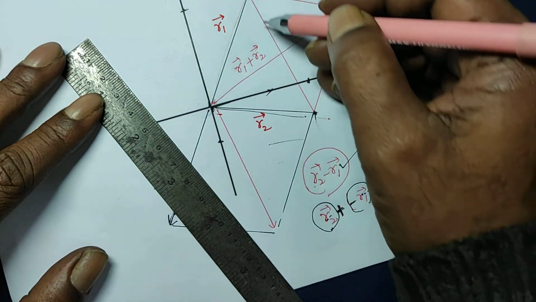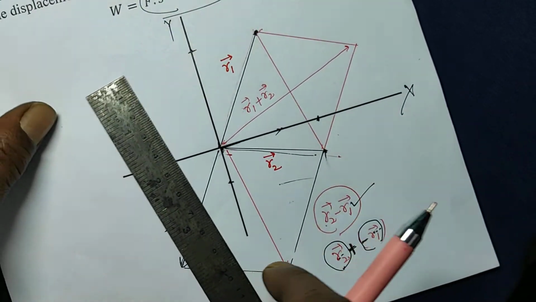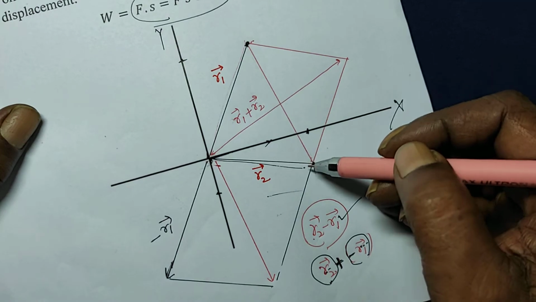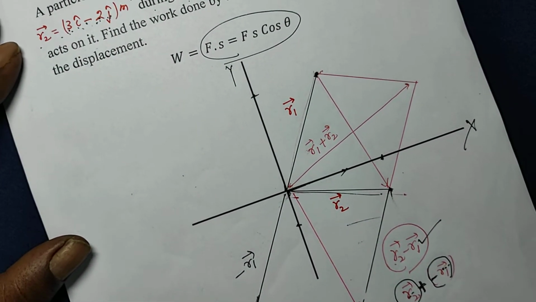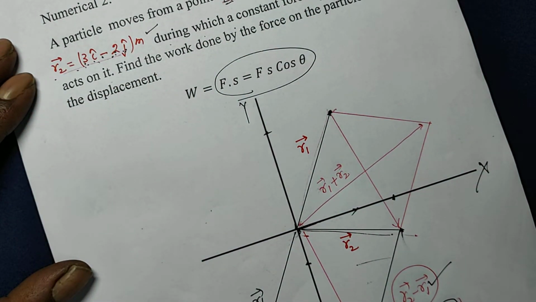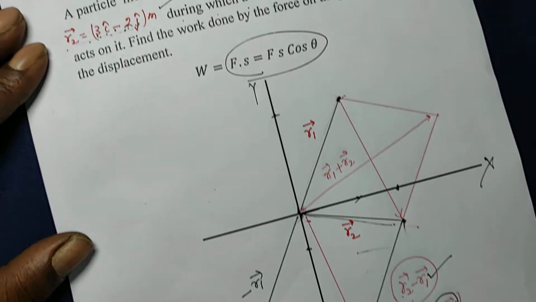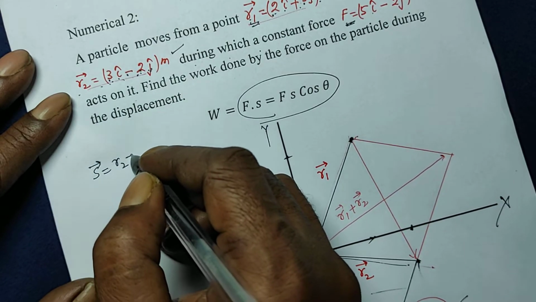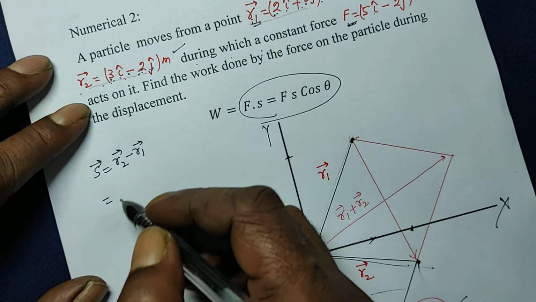That is the same thing as this. So your displacement, when it is moving from the position R1 to R2, is R2 minus R1. The displacement vector is R2 minus R1.